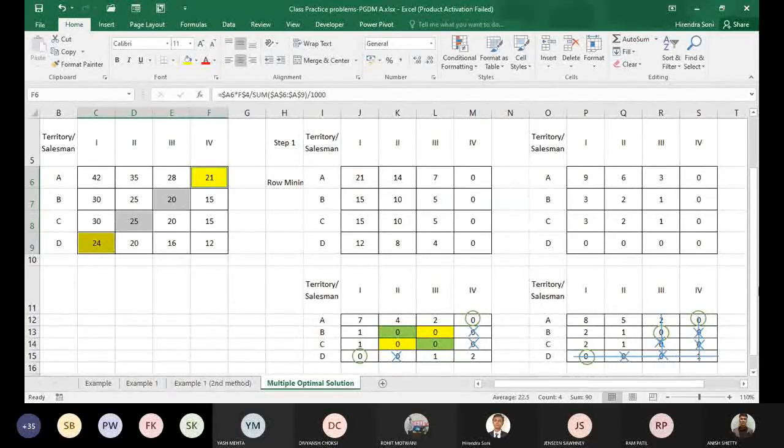Correct? Yes, sir. Are we clear? Any doubts here? Yes, sir. You can use any method, even the method that we had used earlier, but directly using the lines is the easier method because then you are able to save a lot of time there.